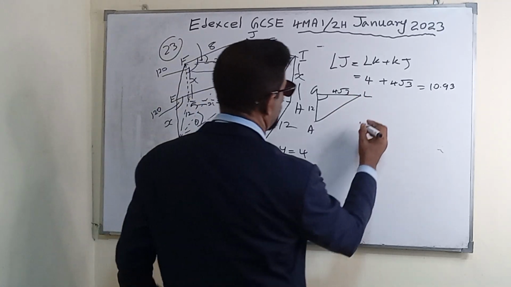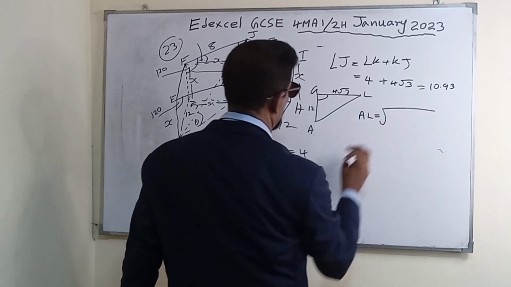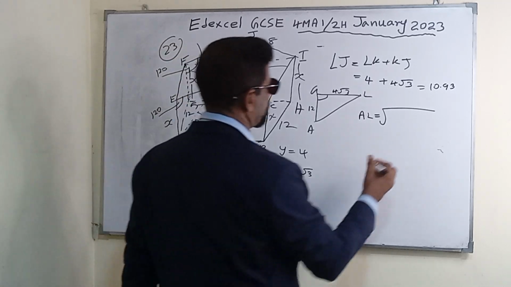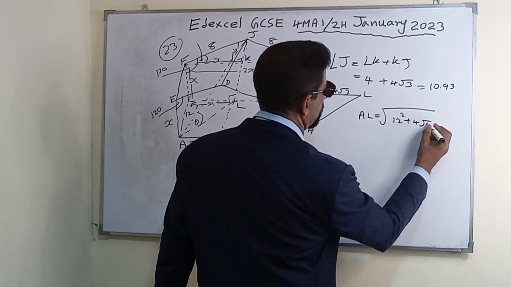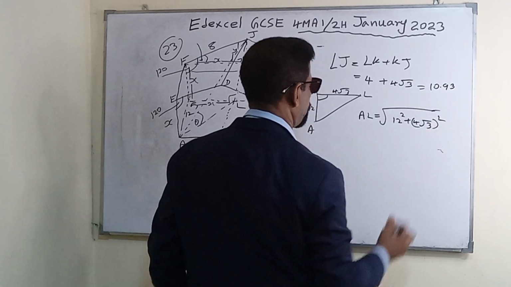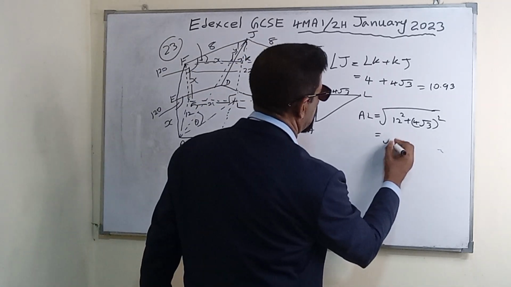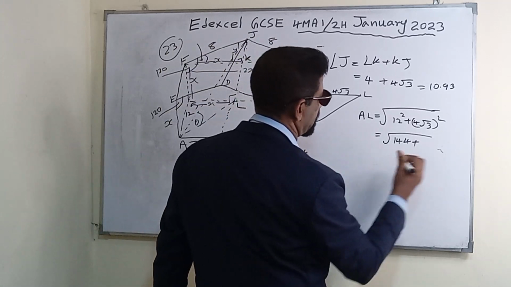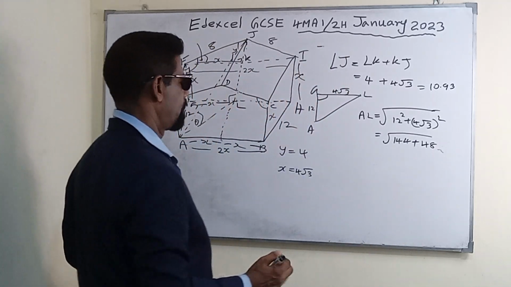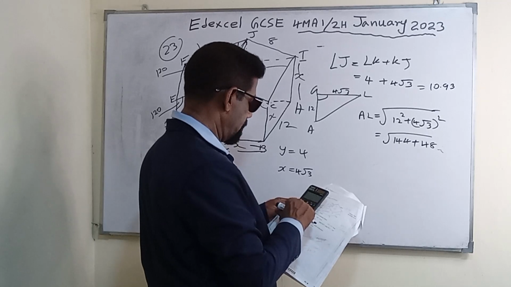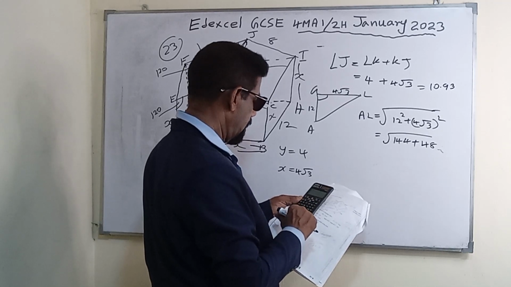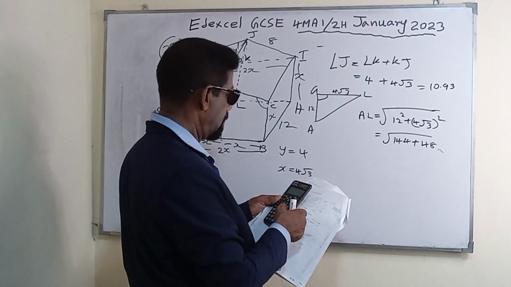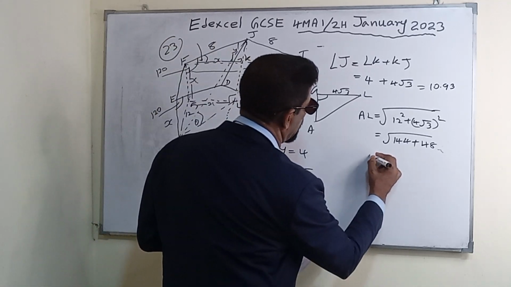Using Pythagoras theorem, AL equals the square root of 12 squared plus 4 root 3 squared, which is the square root of 144 plus 48. So AL is 13.856.